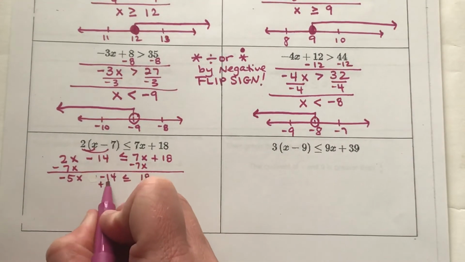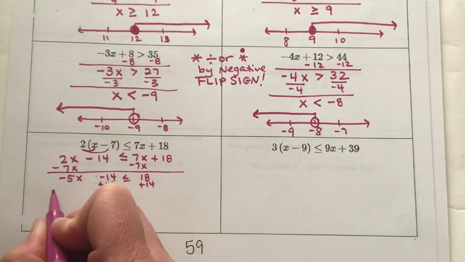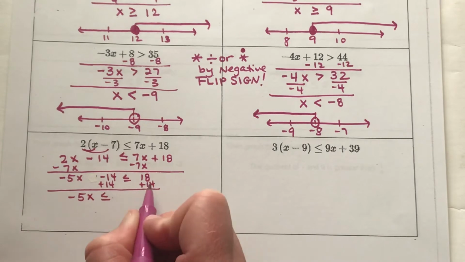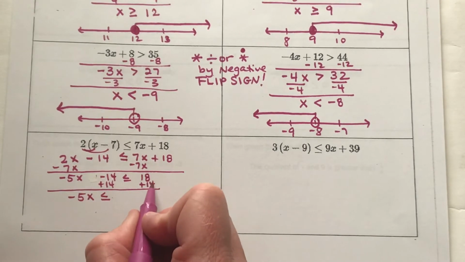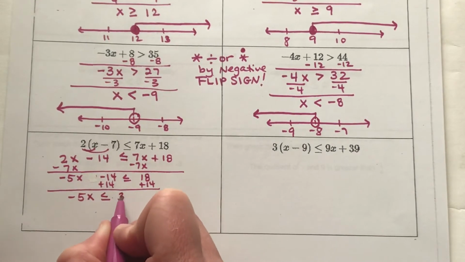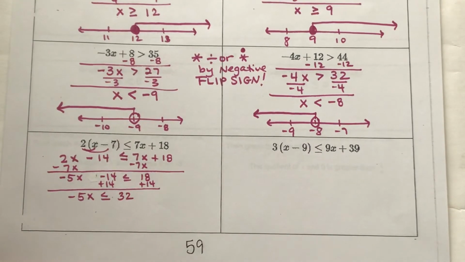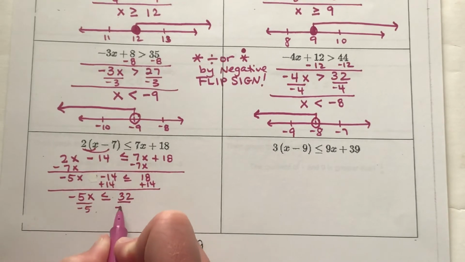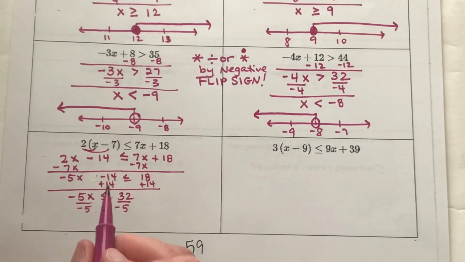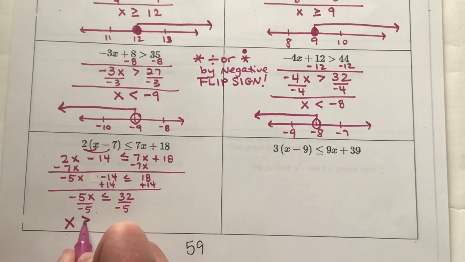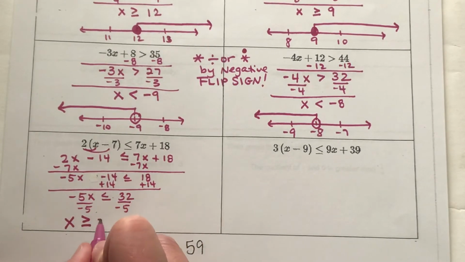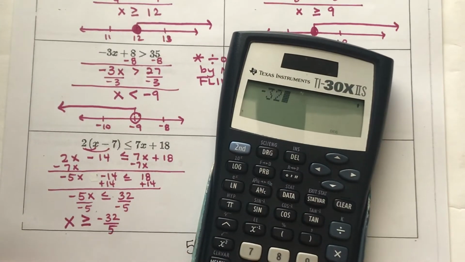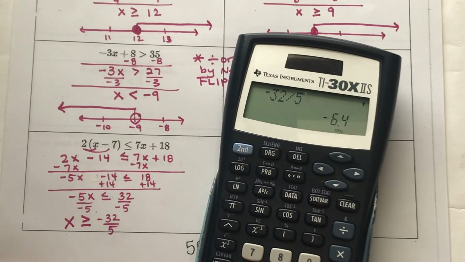Now I'm going to add 14 to both sides. And now we'll have negative 5x is less than or equal to 32. And if I divide both sides by negative 5, I need to remember that I have to flip my sign. So it's going to go this way now. Negative 32 divided by 5, for reference as a decimal, is negative 6.4.